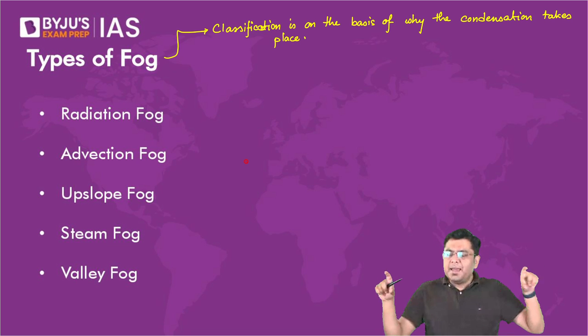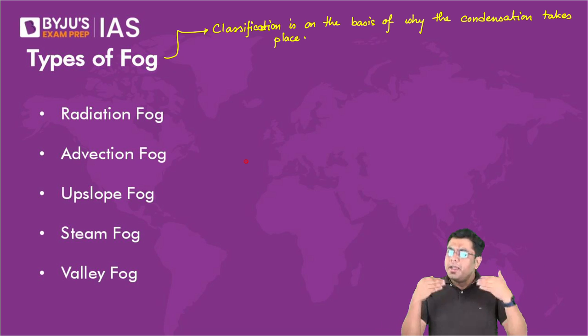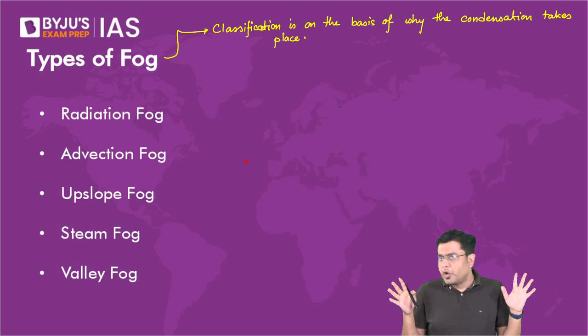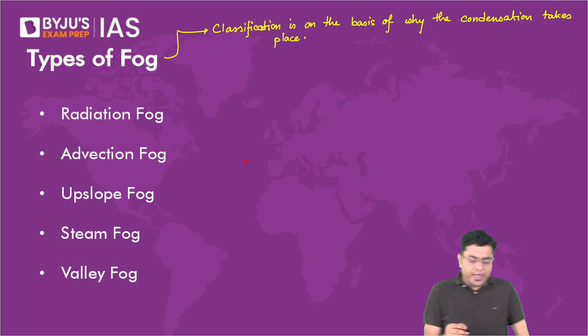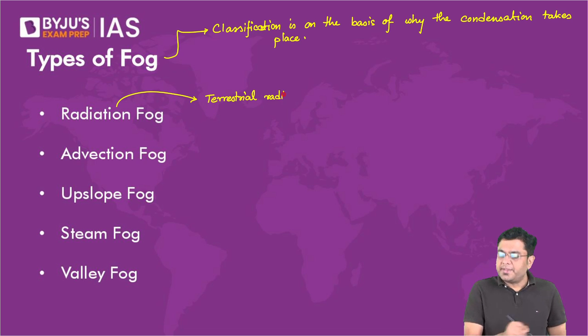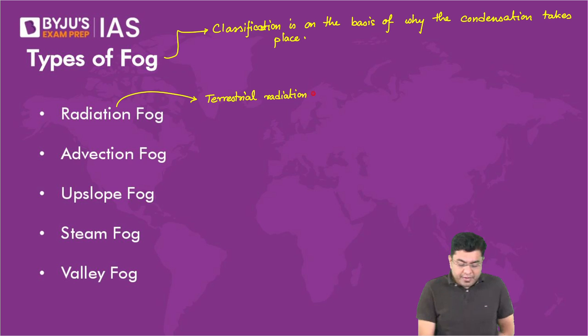As the air suddenly loses temperature, it will attain saturation, cool down beyond it, and undergo condensation. So here, which radiation are we referring to? Here we are referring to terrestrial radiation, when the earth is able to lose heat very quickly.